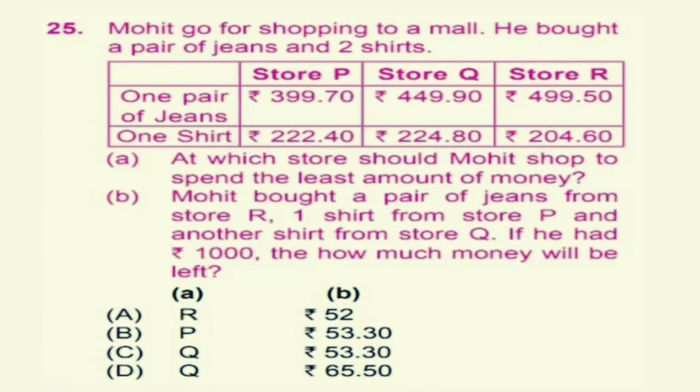Question number 25. Mohit goes for shopping to a mall. He bought a pair of jeans and 2 shirts. Here given the cost of store P, store Q and store R. Option 1. At which store should Mohit shop to spend the least amount of money? So he bought one pair of jeans and 2 shirts, and here given cost of one shirt. So here we need to multiply it by 2.